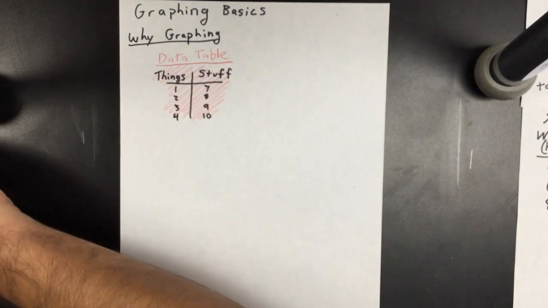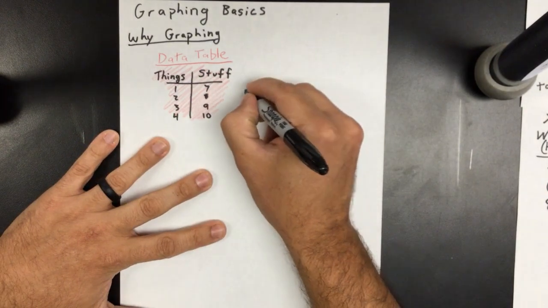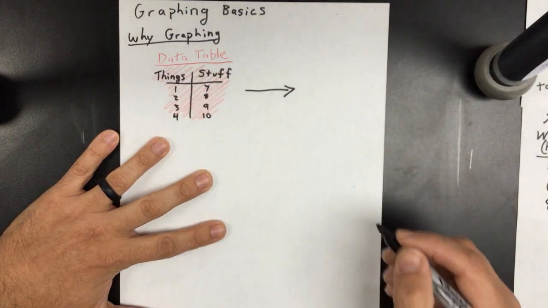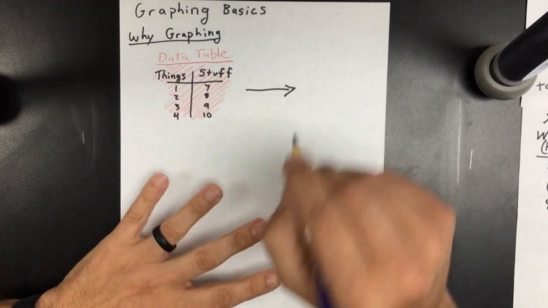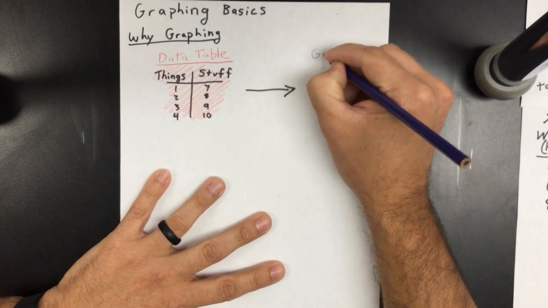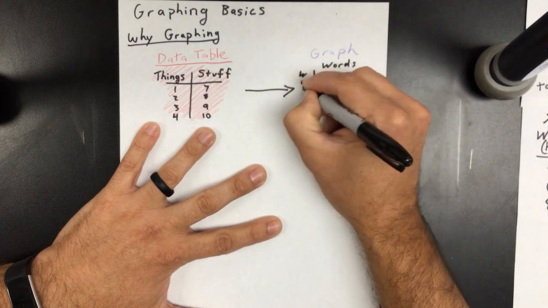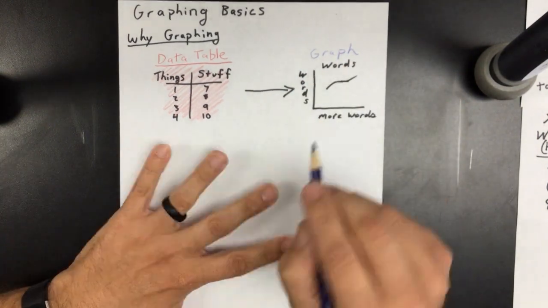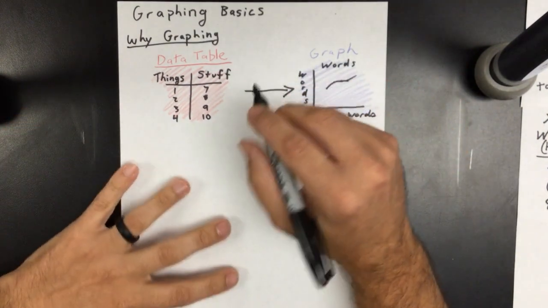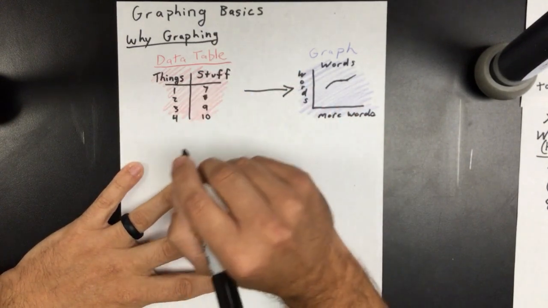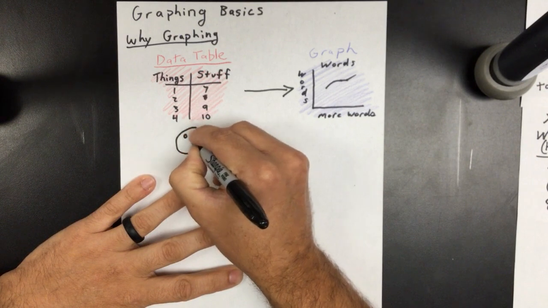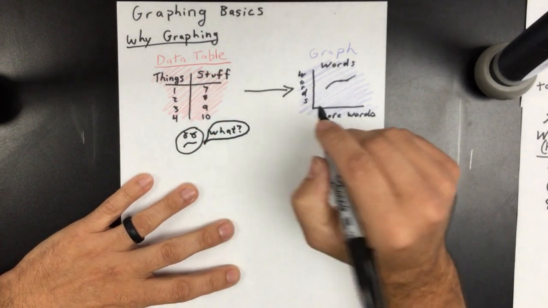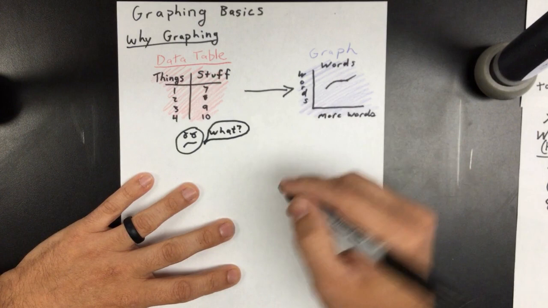And we're going to change that into a graph. Now, why do we do this? When you just have a long list of numbers, it's really hard to see what's going on. But when it's in a picture, it's much easier to see a pattern.